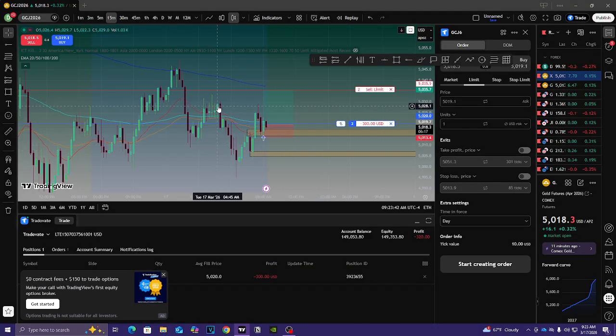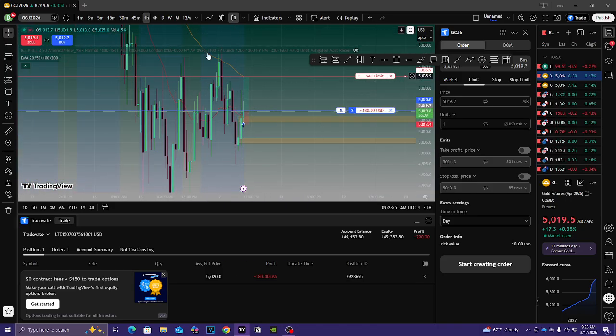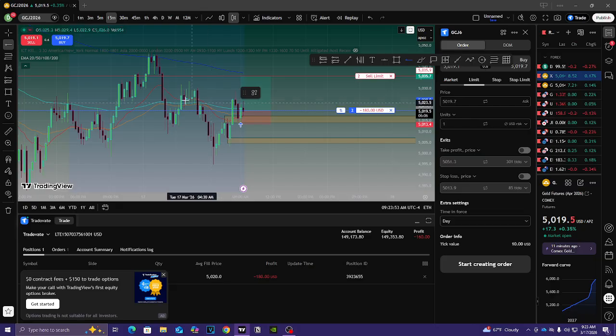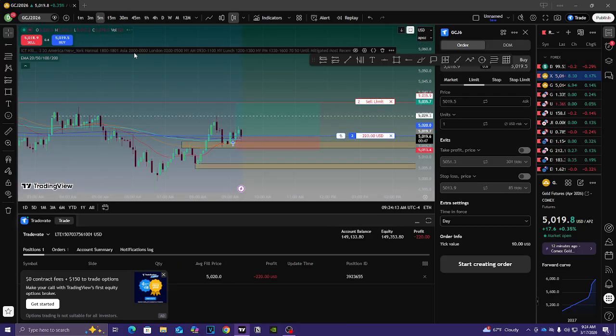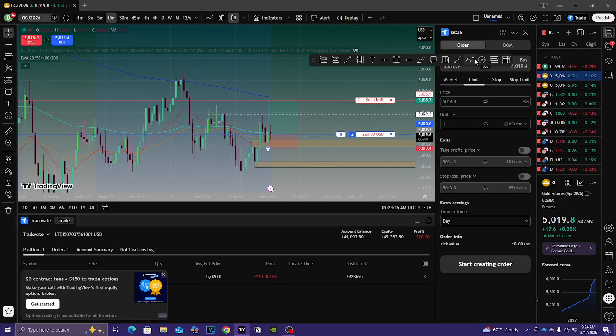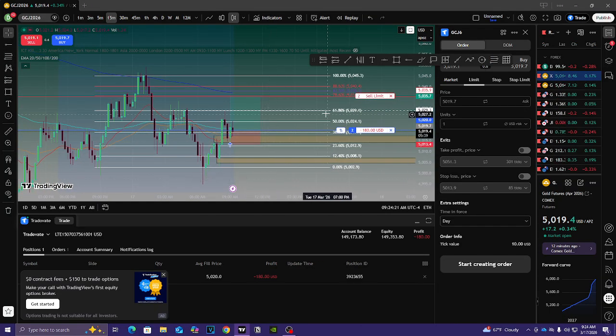We need a break up here. We need a break up here for price to push up. Once we get that break on that 15-minute break of structure right here, we can for sure see the next push up. But we need a candle closure above. It did tap it once, so it's gonna revisit it and break through the zone. 50% zone.